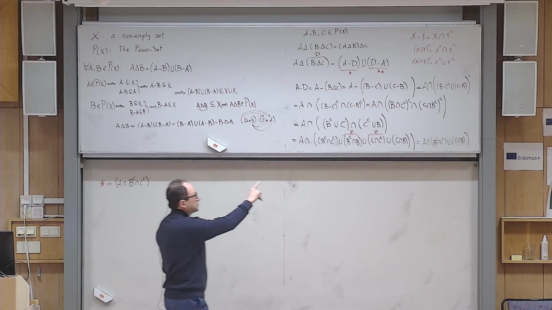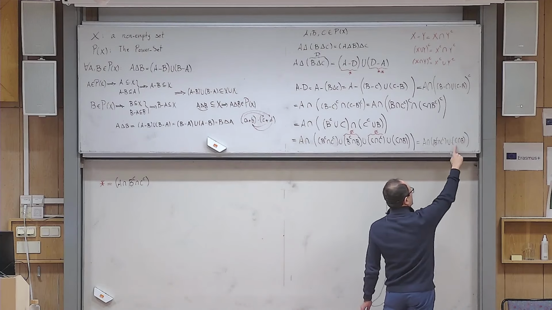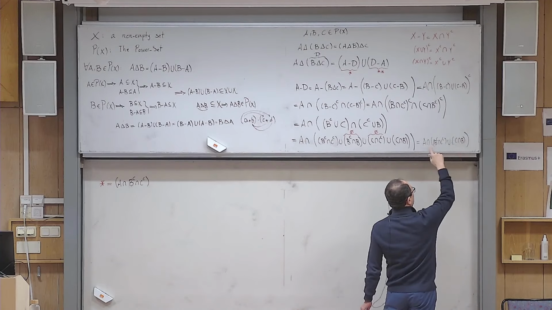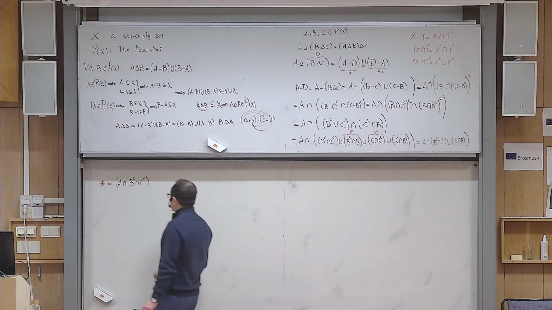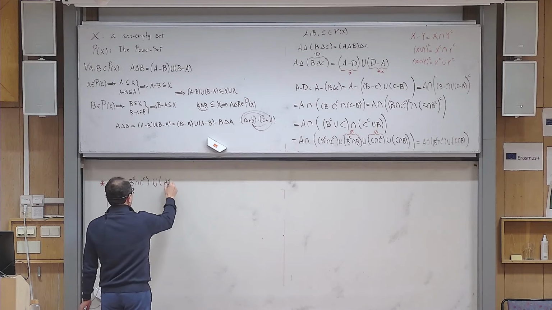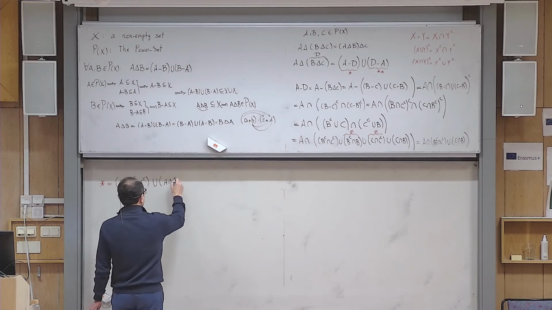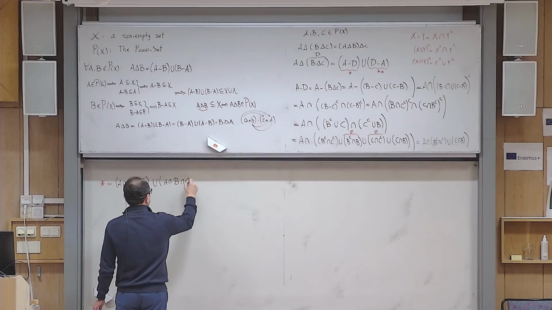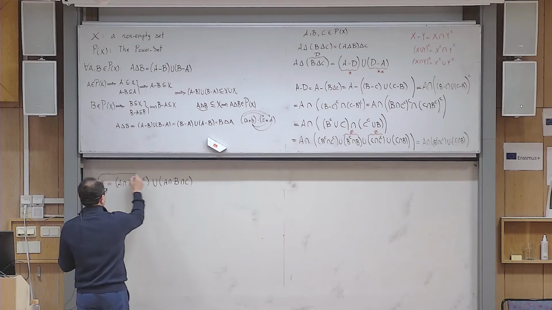And then when I distribute this to the last, it becomes A intersect with C intersect B, again because both operations are intersection, so I don't need to put pairs of brackets. So it becomes union, A intersect with, if you don't mind, let me write it in natural order, bring B first and C second. So this is something we were able to show.